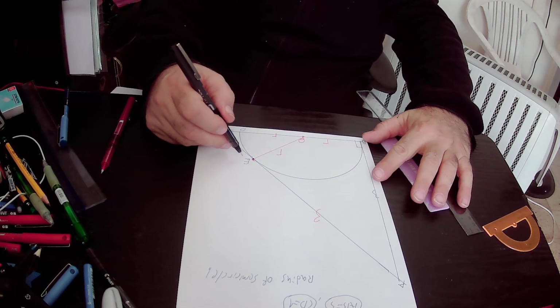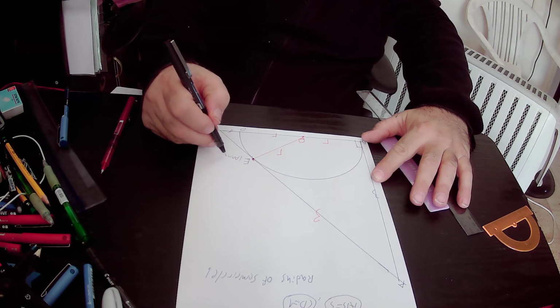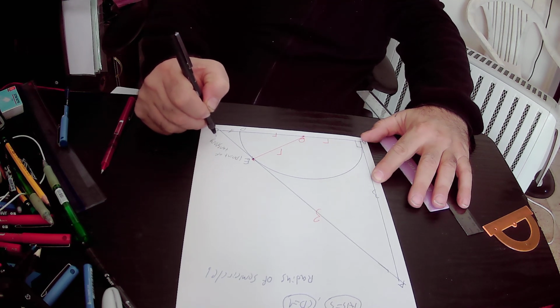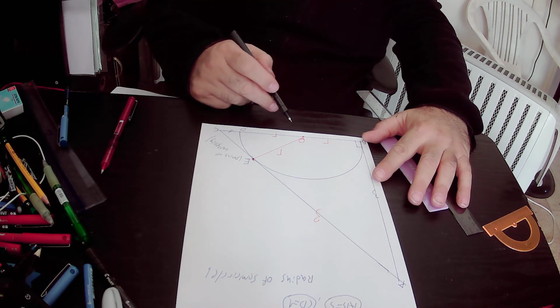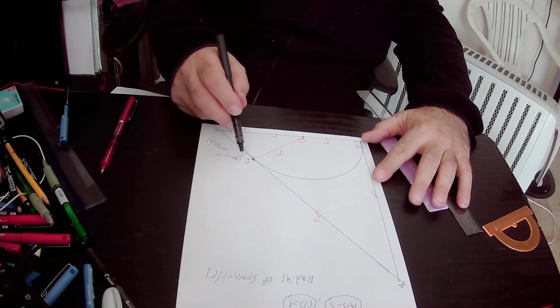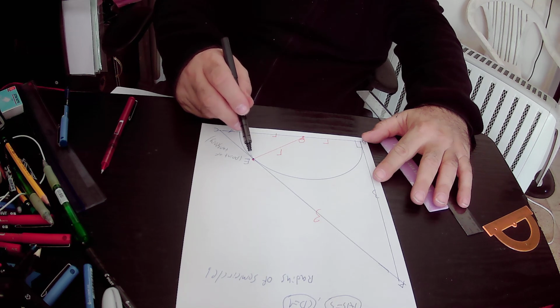And this radius OE, or the radius R, is drawn to the point of tangency.